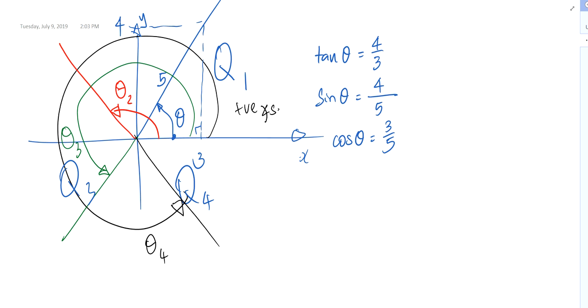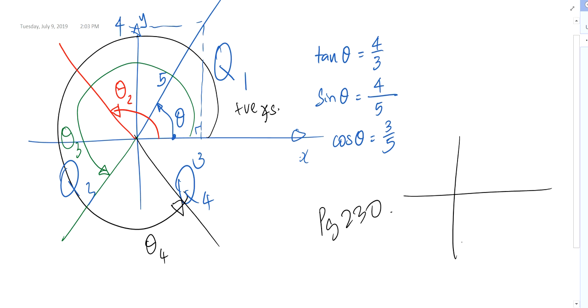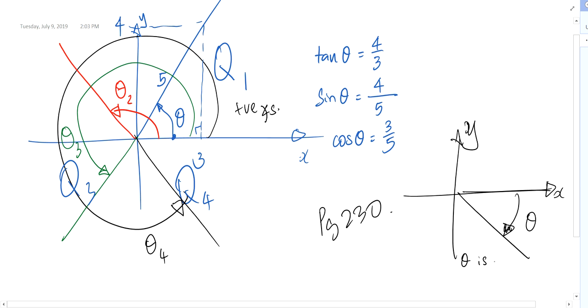So the other direction must be clockwise. As in our textbook, page 230, if I go clockwise, for example like this, still starting from the positive x-axis, this is now a negative angle. In this case, theta is negative. Just like that.